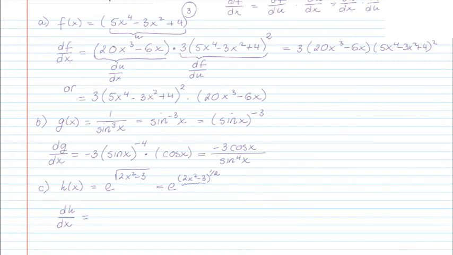So let's go from outside in, like in the last example, as opposed to the first example. So I have e to the power of something. What is the derivative of e to the power of something? It is e to the power of something, the same thing. So this will be e to the power of 2x squared minus 3 to the 1/2. Remember, the derivative of e to the x is e to the x.